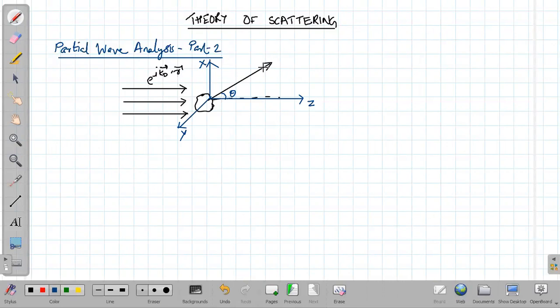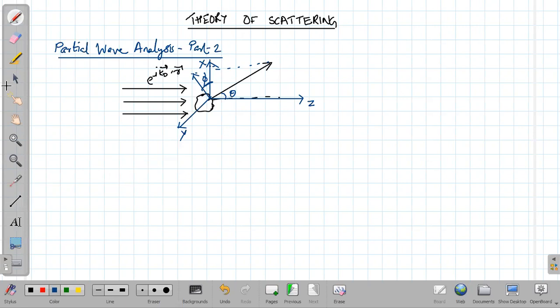Angle phi we find by projecting this vector on the xy plane.